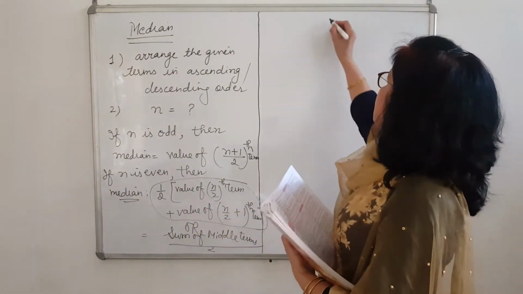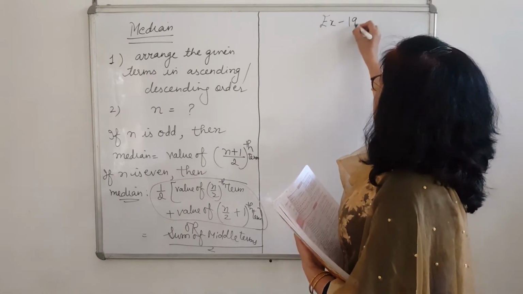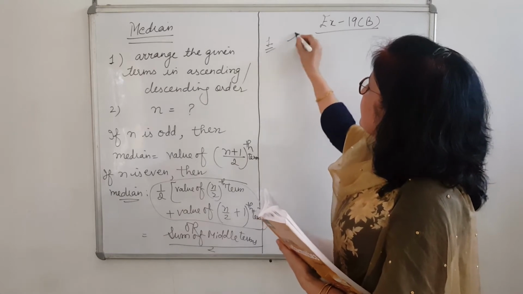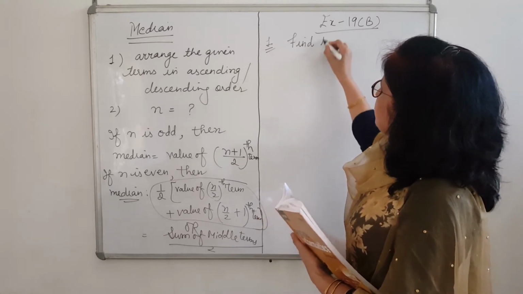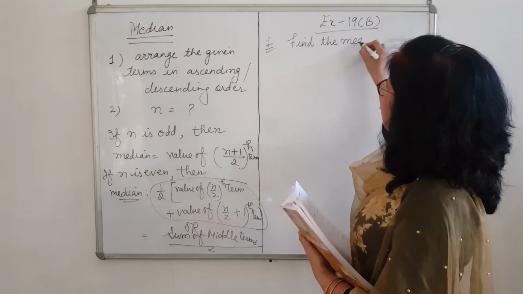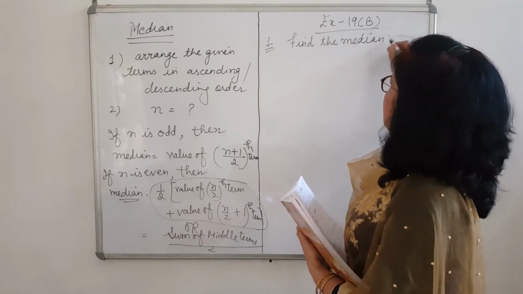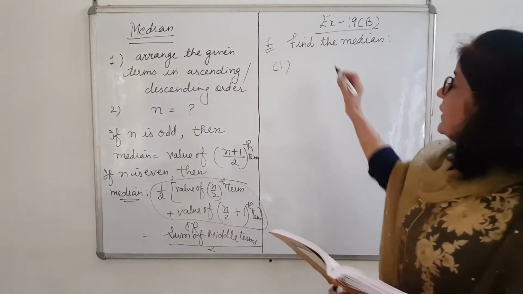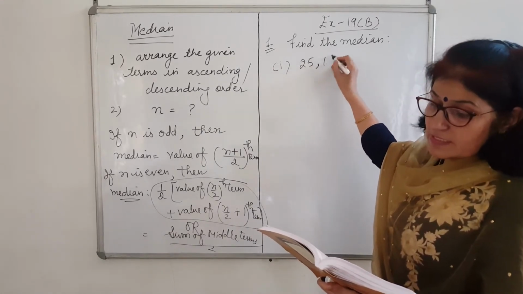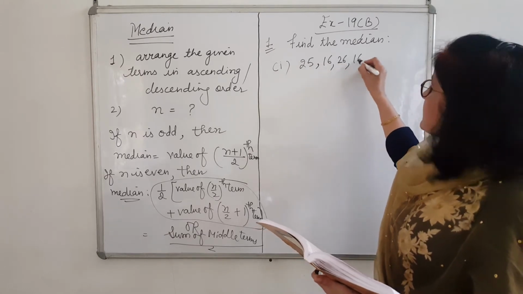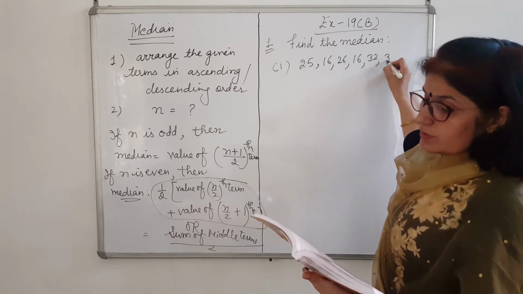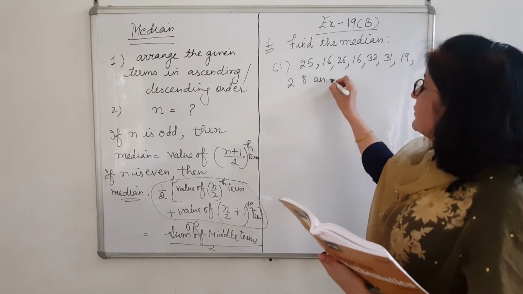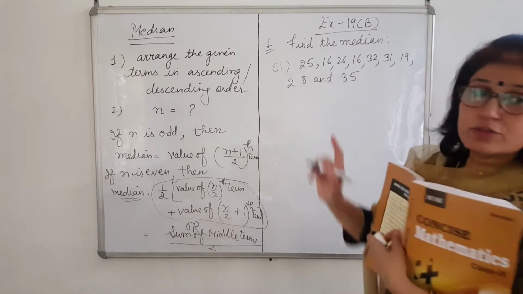Now we start our exercise. First question, find the median. First part, the terms are given: 25, 16, 26, 16, 32, 31, 19, 28 and 35. What are the rules?